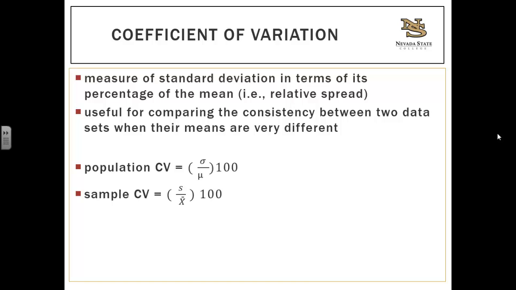Another thing that you can think about, let's say we were looking at two different variables that were measured in very different ways. So let's say we were comparing the standard deviation of age to the standard deviation of number of years in school. And let's say we were looking at a sample of 100 NSC students.